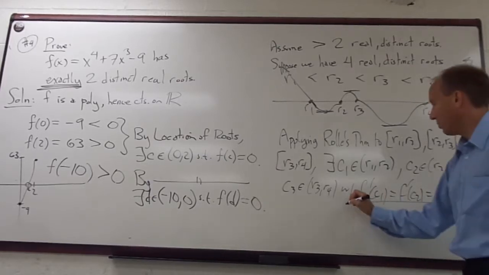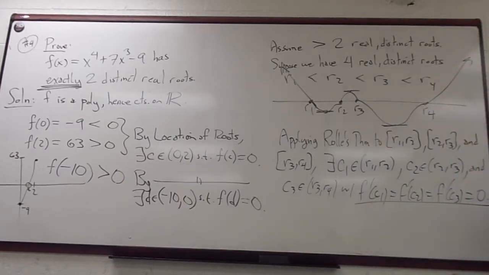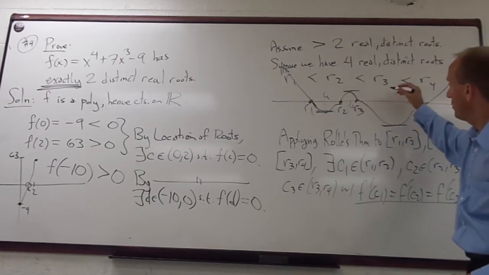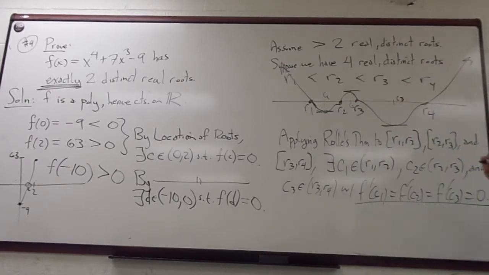So all of those derivatives are 0. Okay? So this is going to be C1, C2, and C3. Something like that. Okay. Is that a contradiction?